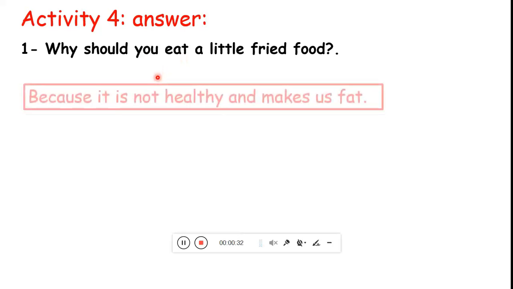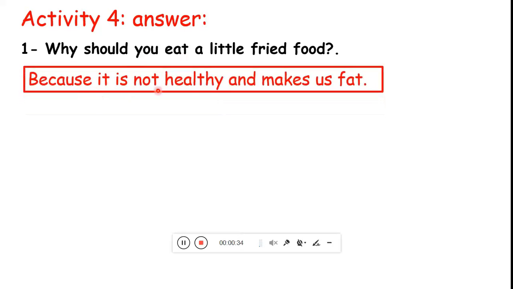Your answer should be because it's not healthy and makes us fat. Because it's not healthy and makes us fat. Fried food makes the body fat and then causes many problems. It's not healthy and makes us fat. So which food makes us fat? It's the fried food.